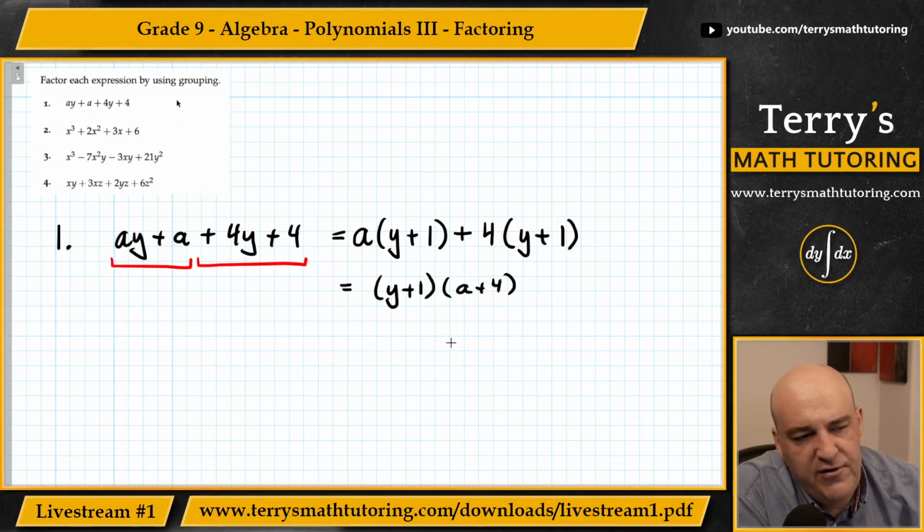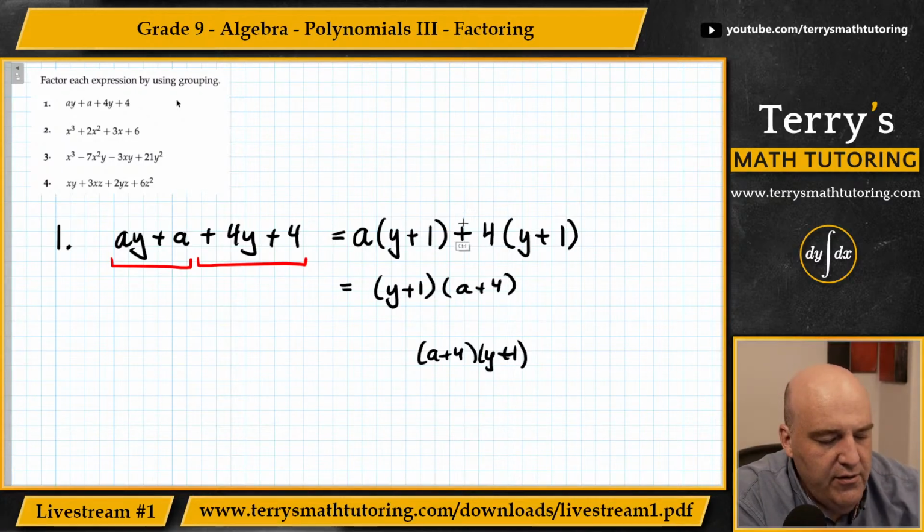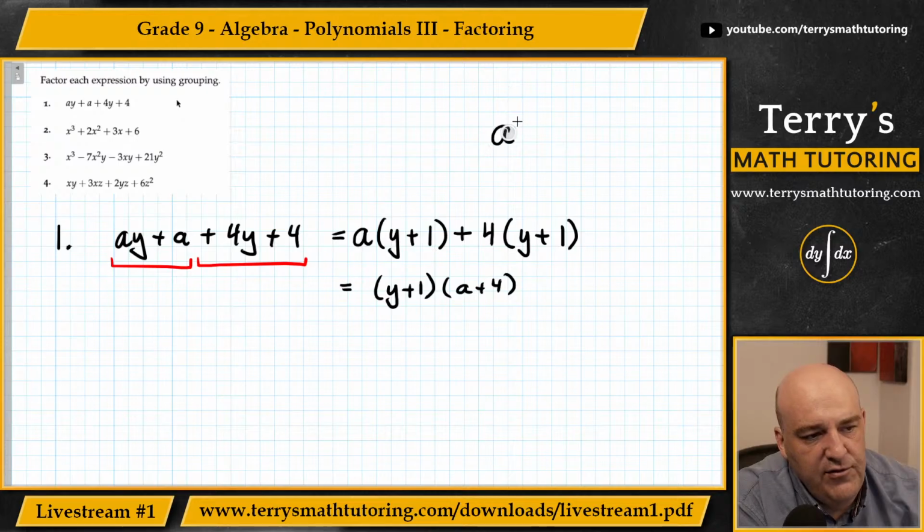Again, a lot of times I see students write a plus 4 first and then the y plus 1, and I find that awkward. Since y plus 1 is common, we're pulling that out, so I think it should be at the front. Let's say this was ab plus 4b or something. If I ask you to factor that, you would use common factoring, pull out the b to the front, and write a plus 4.